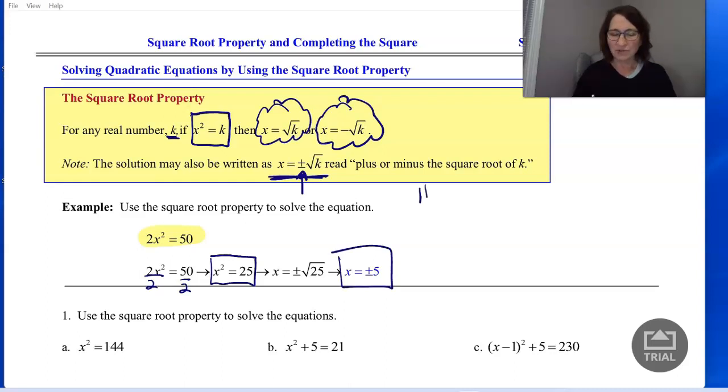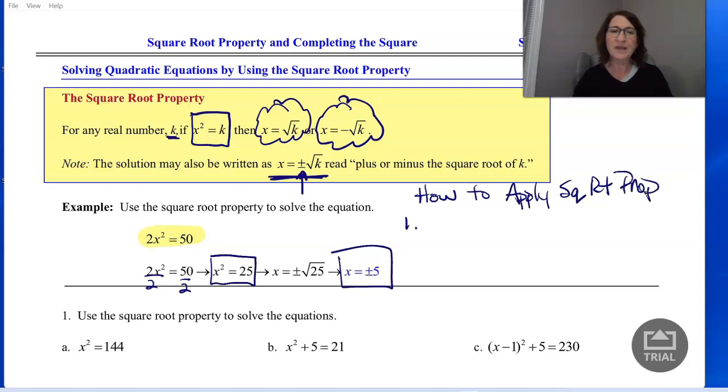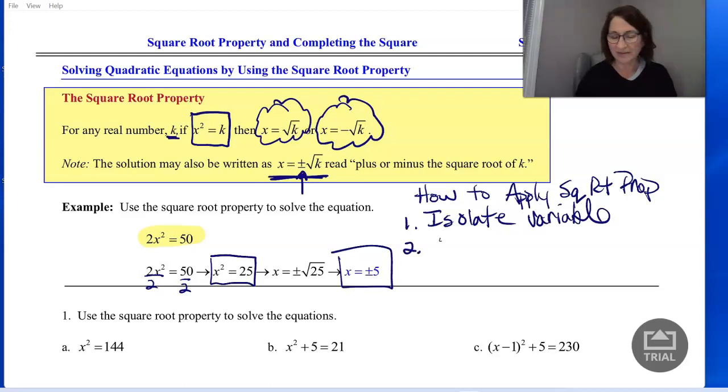So the how-to. How to apply the square root property. Number 1, isolate the variable. Then number 2, you're going to take the square root of both sides.